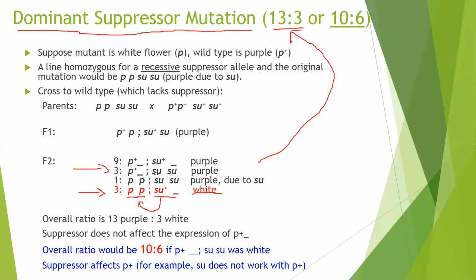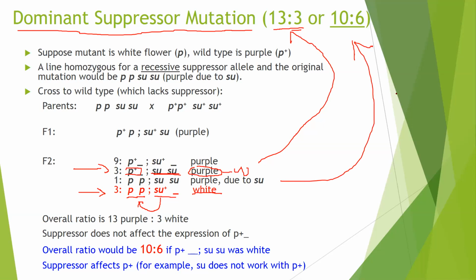If the suppressor gene is mutant, however the first gene is wild type, and the mutant suppressor cannot have any effect on the wild type P gene, then this will also give you the mutant phenotype. If this is white, then this will give you a slightly different ratio, a 10:6 ratio. I hope this is clear.